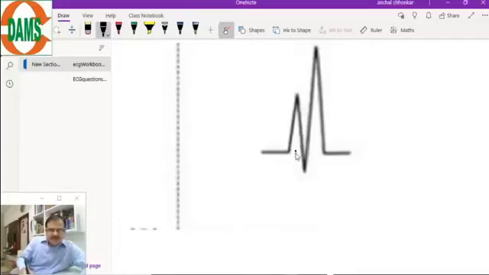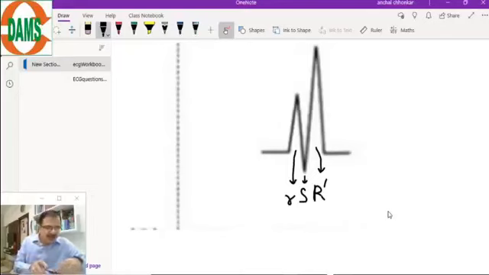The first wave is an R wave, the second wave is an S wave, and the third wave is an R dash wave. Second positive, so R S R dash. RSR dash. Very nice. So these are the examples of the QRS complex, how you will do the nomenclature.